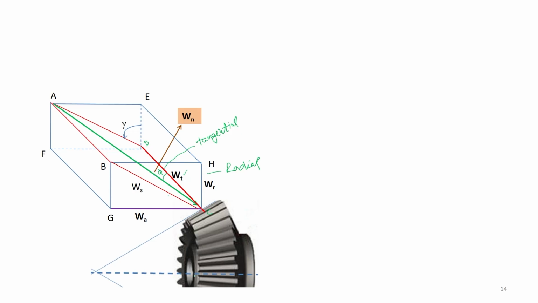It is along the axis of rotation of the bevel gear. So, this one is the axial direction.